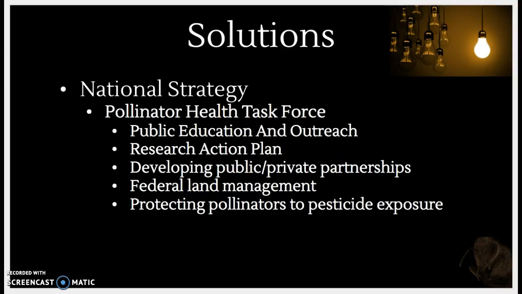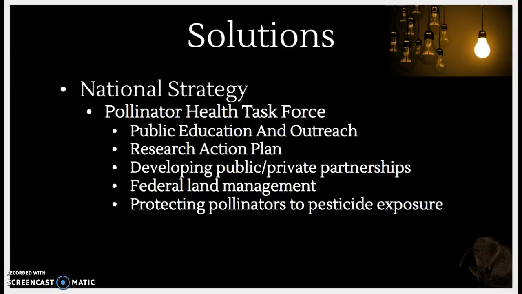In May of 2015, the Obama administration developed a national strategy to promote the health of honeybees, the National Strategy to Promote the Health of Honeybees and Other Pollinators. Yes, that's the title. The Pollinator Health Task Force was appointed to tackle and reduce the impact of multiple stressors on pollinator health, and it focused largely on increasing and improving pollinator habitats.